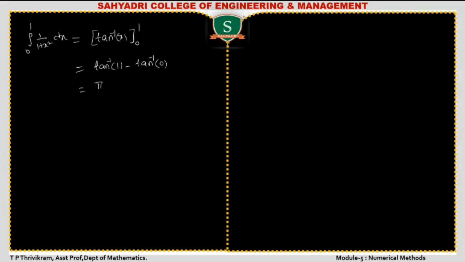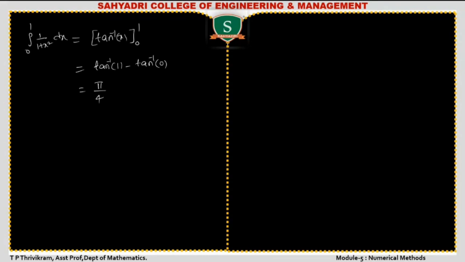Pi by 2? Tan 90? No, tan 90 is infinity. Tan 45, I think. So pi by 4. Pi by 4 minus 0.